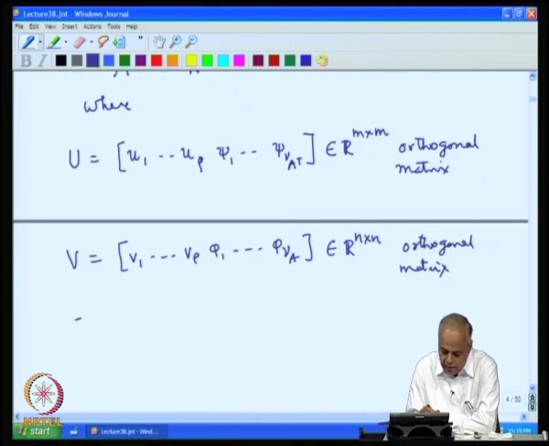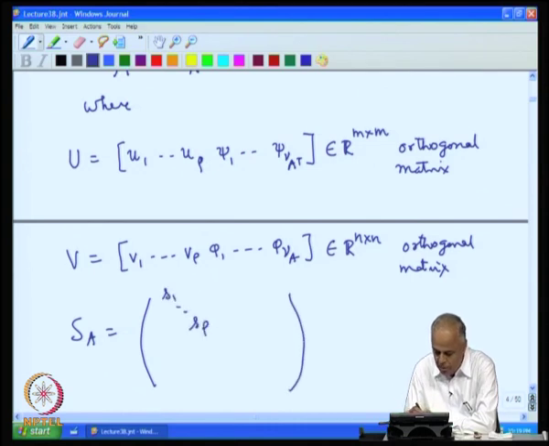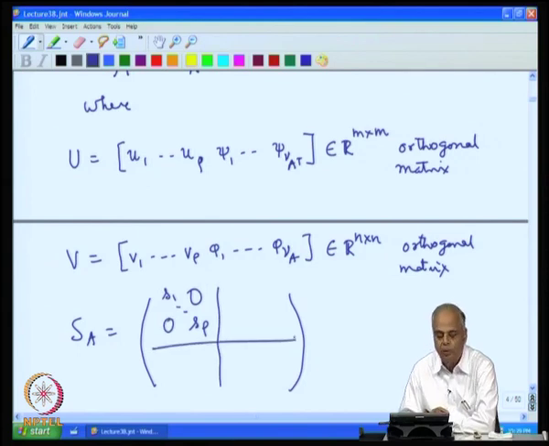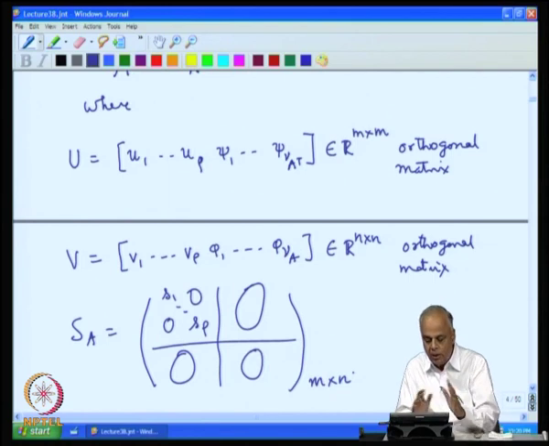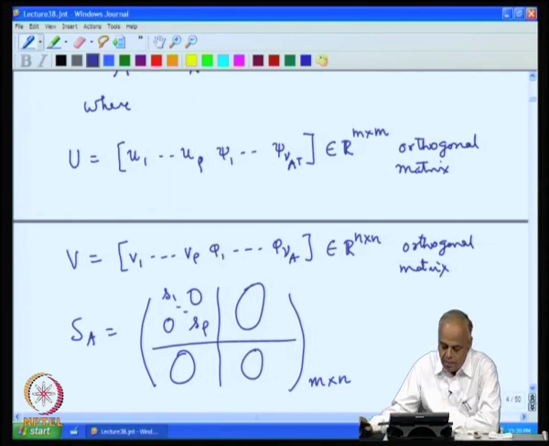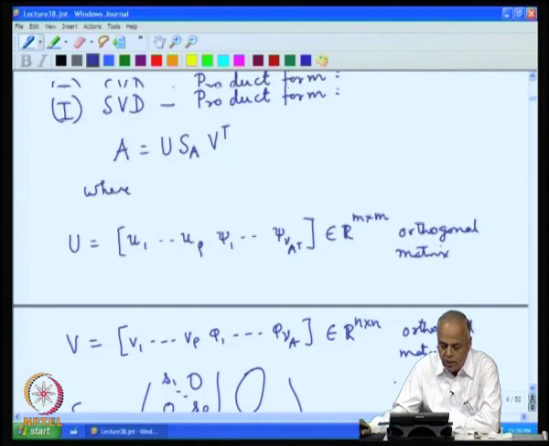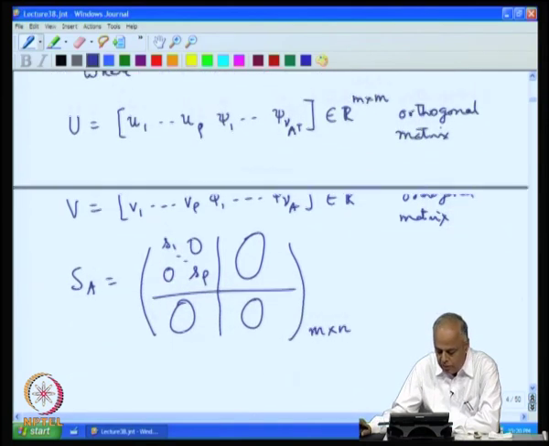Then S was essentially a diagonal block consisting of the singular values along the diagonal, and all the rest of them are 0, and of course, it is an m by n matrix. So, all the zeros are adjusted, so that we get an m by n matrix. Thus we got the product decomposition of the matrix.